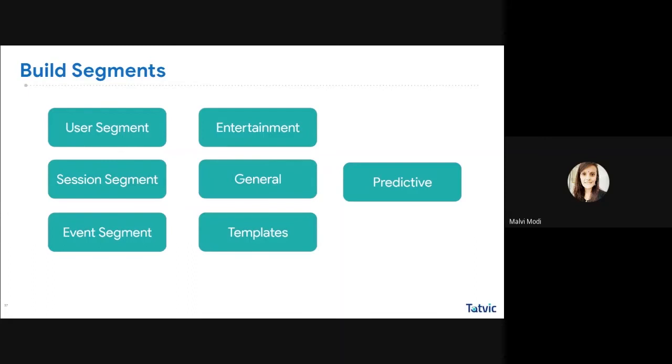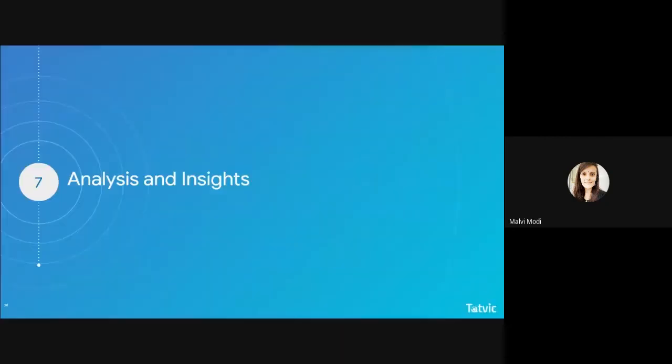An example for an event segment is all purchase events made in a particular location, or app exception events that occurred on a specific operating system. For a session segment, all the sessions that originated from a particular advertisement campaign. The templates and predictive audiences are similar to what I described earlier when talking about audiences. Entertainment and general are again templates given by Google Analytics 4. You can tweak them as per your conditions, save those segments, and do the analysis from that.